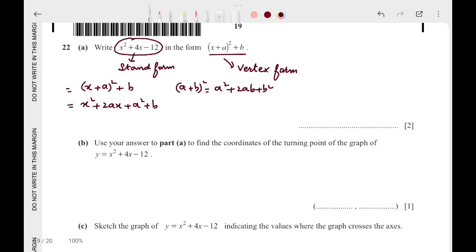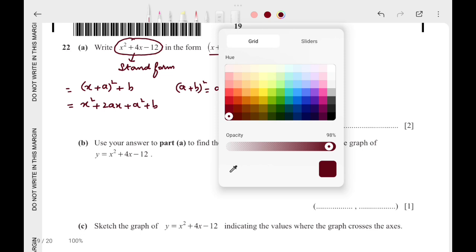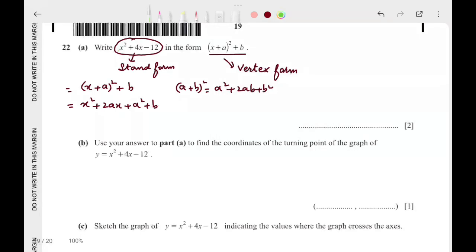Now we'll compare the coefficients. If you see, students, x square and x square is already compared. Now we have to compare the middle term, that is 4x is equal to 2ax. x will cancel by x and the value of a is equal to 2.